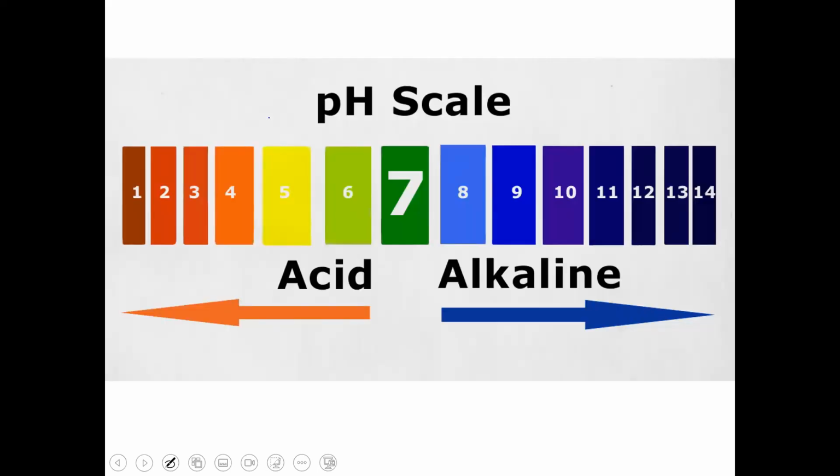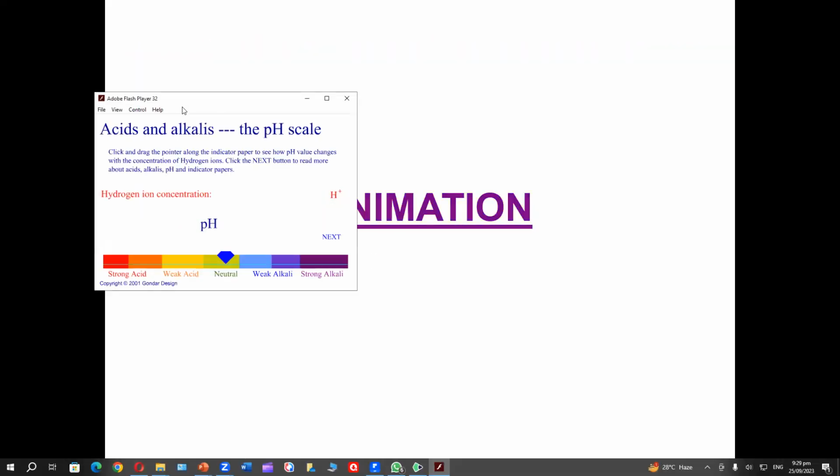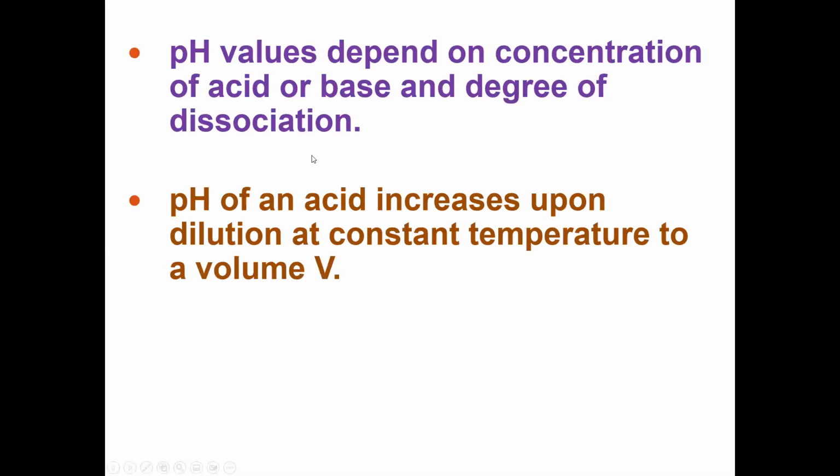So on the pH scale, 7 is the neutral pH. It goes on the back side and front side, acid and alkaline. pH values depend on the concentration of acid or base and the degree of dissociation.